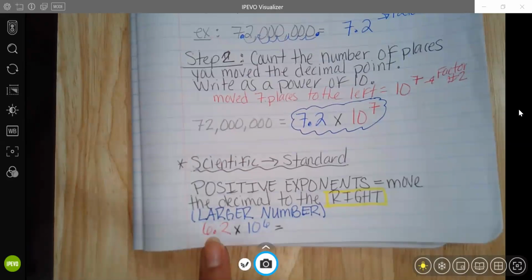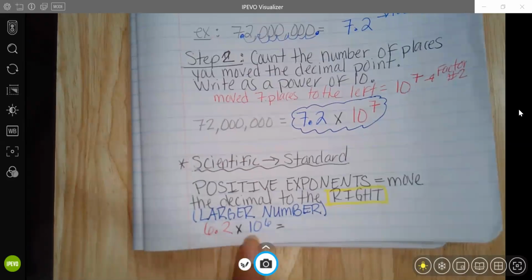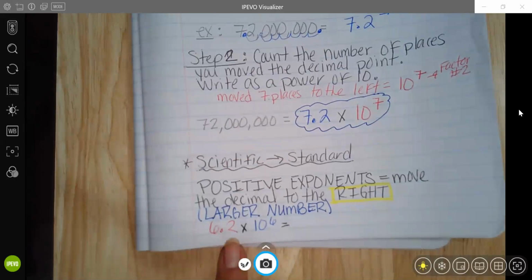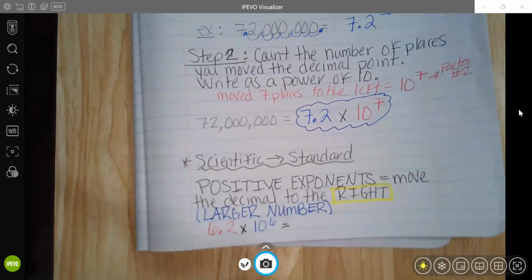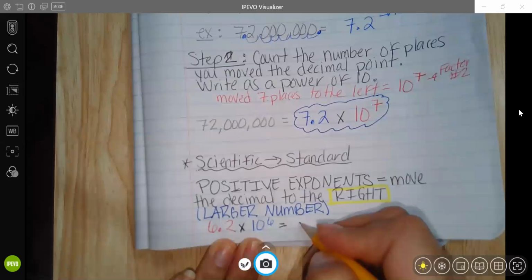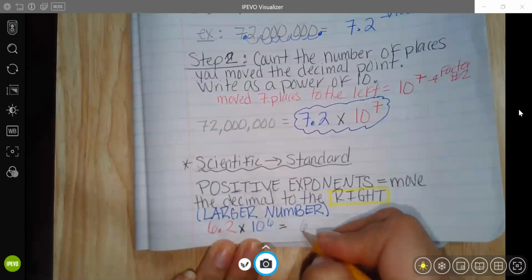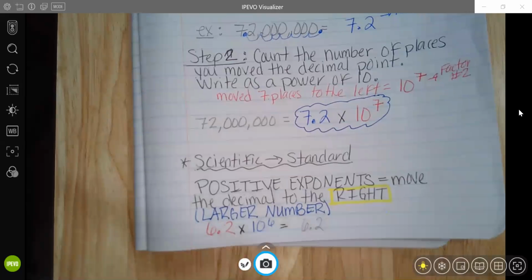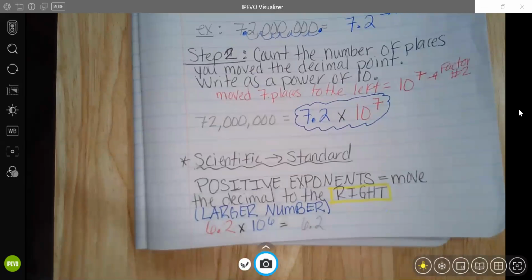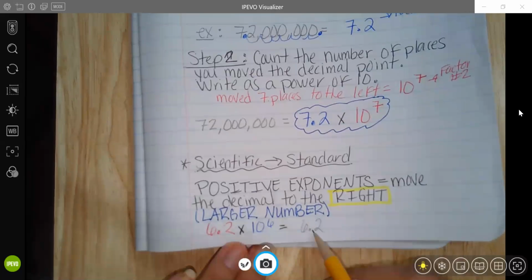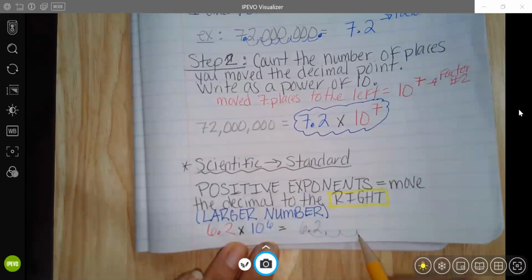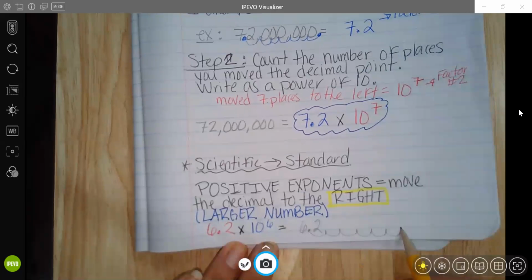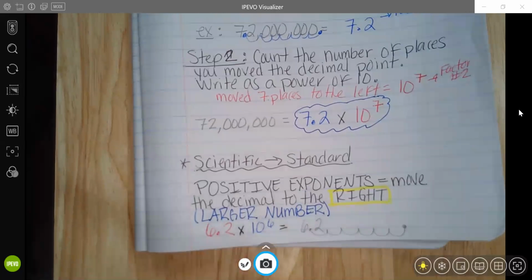The example I have is 6.2 times 10 to the 6th power. I'm gonna use a pencil so I can erase later if I need to. So I need to move that decimal 6 places to the right: 1, 2, 3, 4, 5, 6. And wherever there are any gaps, that's where you just plug in zeros.